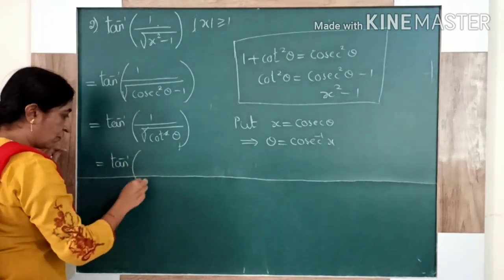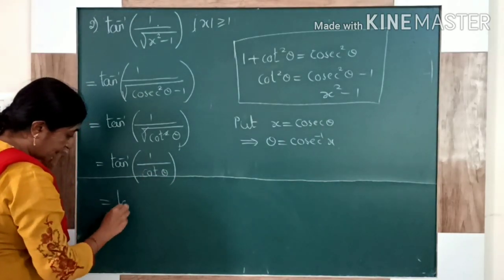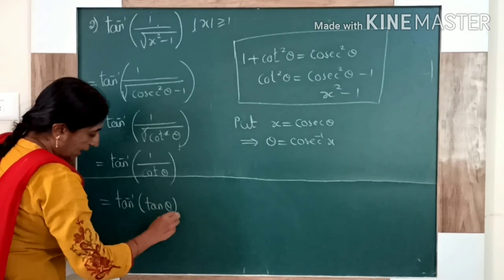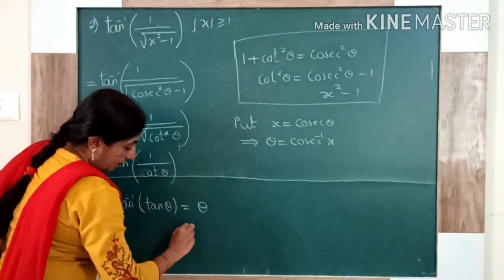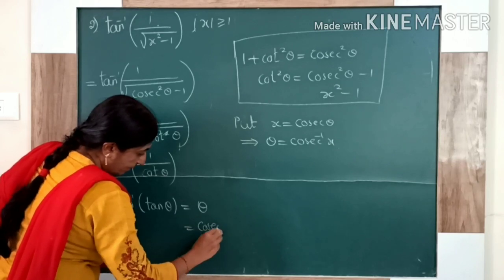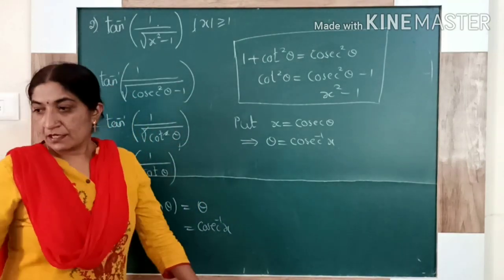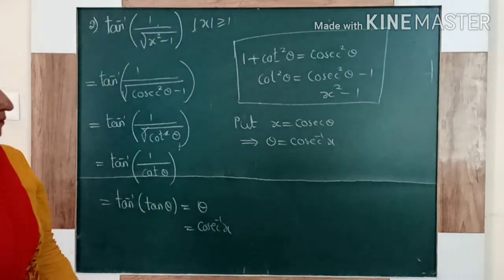Tan inverse of 1 by cot theta. That is the tan inverse of tan theta. Tan inverse and tan cancel. Theta is remaining. Theta is nothing but cosec inverse of x. In the same way I am explaining one more example.